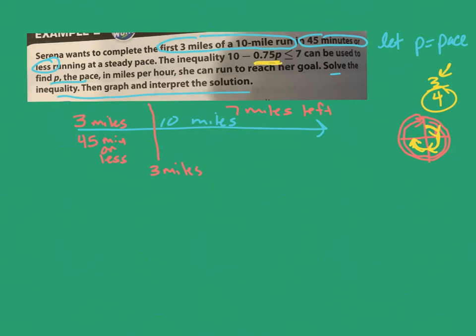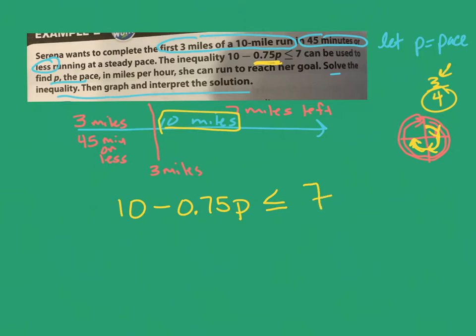That's where that 0.75 for her pace came from. So they're taking the whole race and they want to take 45 minutes times the pace that she's running, or 0.75 now in a base 10 scenario. It needs to happen in less than or equal to 7 because she'll have 7 left.